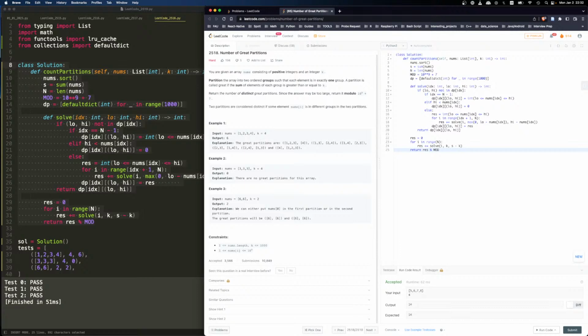And then oh, that's a 0. So the sum of this, what is the sum of all of them added together?